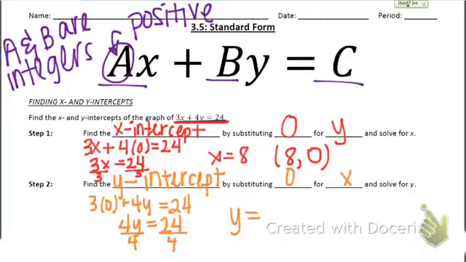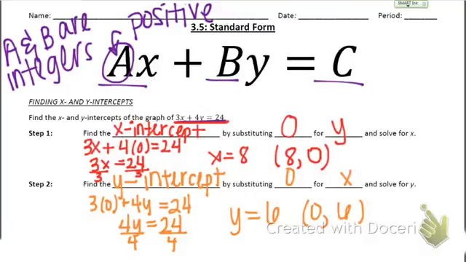Okay, so we plugged in 0 for x. 3 times 0 is 0, so 4y equals 24. Divide by 4, and we get y equals what, everyone? 6. Okay, now this is the y-intercept. If I were to write this as an ordered pair, what did we plug in for x? 0. So it's going to be 0, comma, and when we plugged in 0 for x, we spit out what?